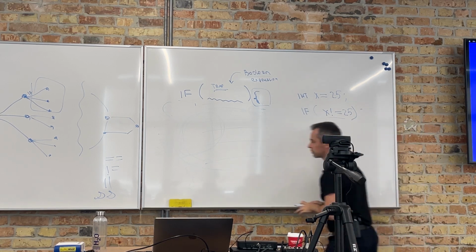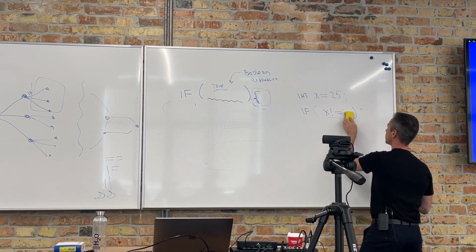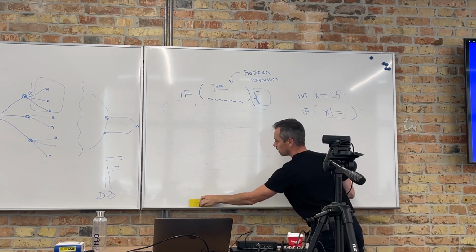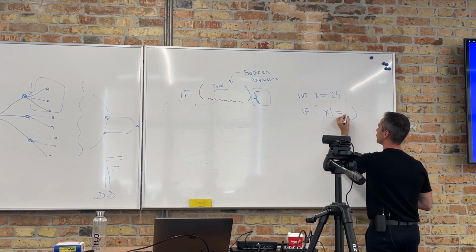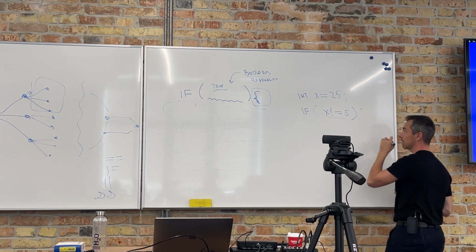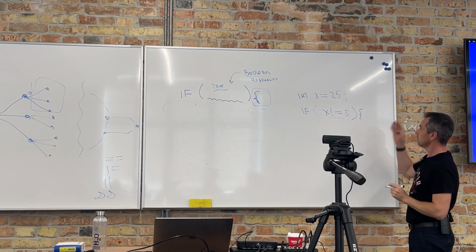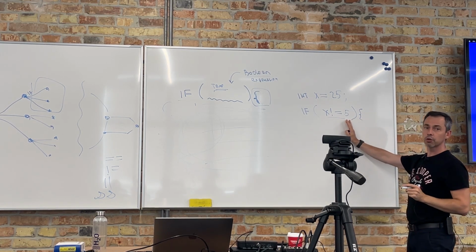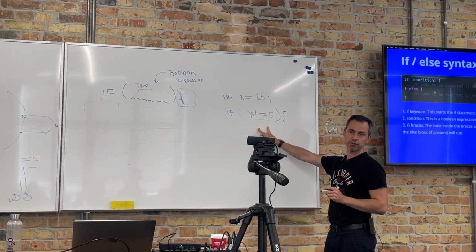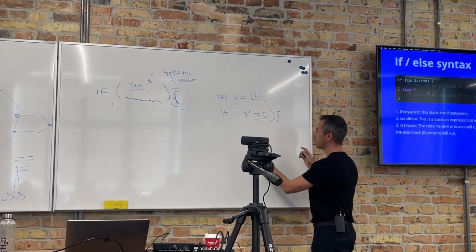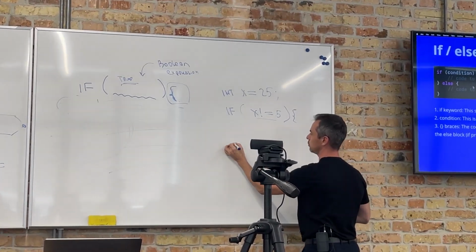But let me make it different to proceed with our lecture with our example. So if x is not equal to 5, what result of this expression? True. That's why this block of code will be executed.